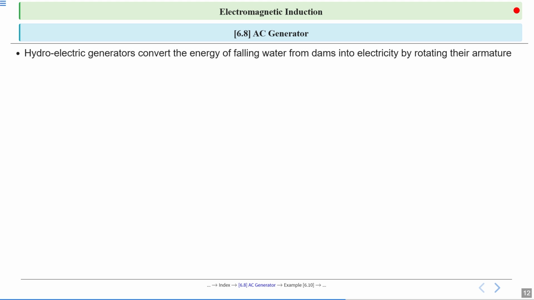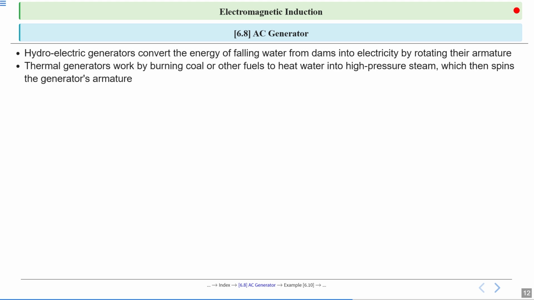When high speed water falls on the shaft, the shaft starts rotating, and this shaft is connected with the armature. Then the armature also starts rotating with high speed, due to which electricity is generated. So these generators in which electricity is generated by water falling from dams are called hydroelectric generators.